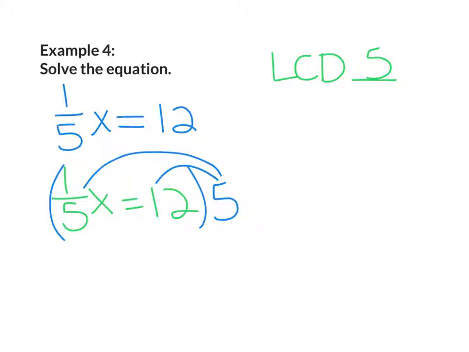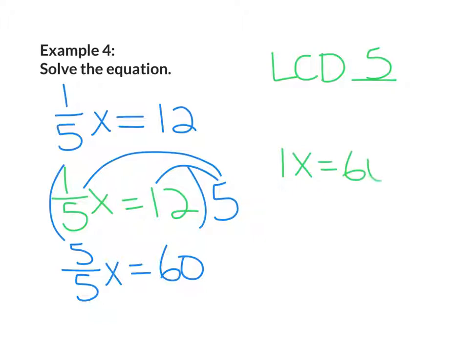So 5 times 1 is 5 over 5x. 12 times 5 is 60. I'm going to go ahead and divide. 5 divided by 5 is 1x equals 60. And my answer is x equals 60.